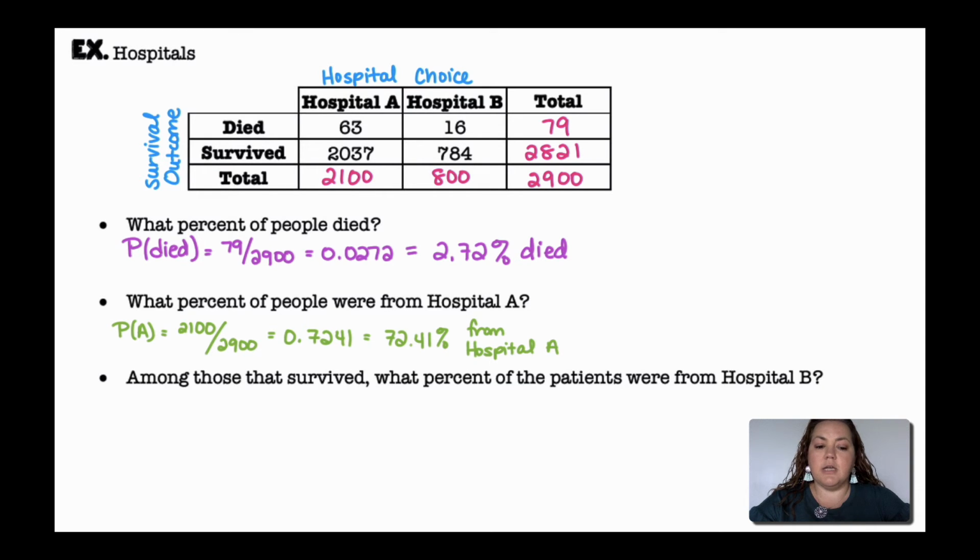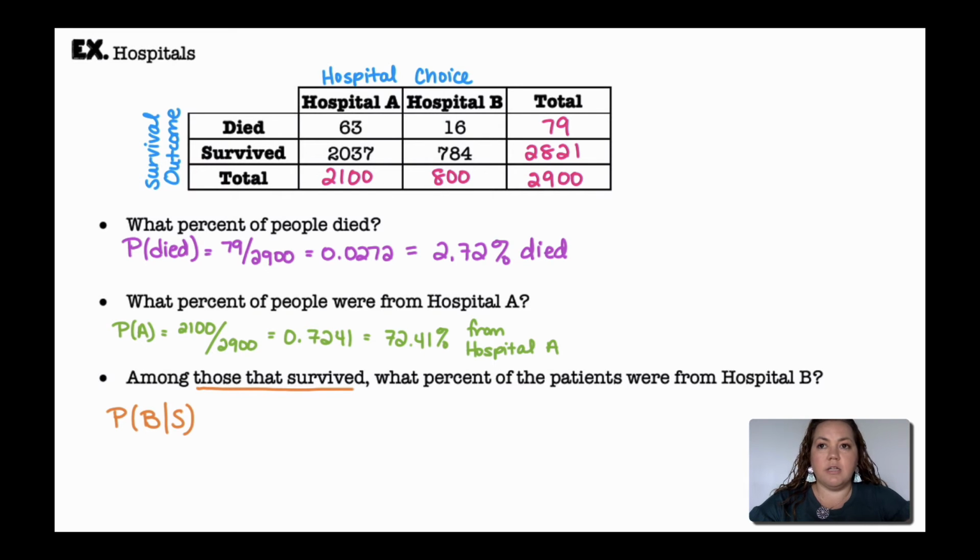The next one is a little bit different. Amongst those that survived, so that means out of the ones that survived, what percent of patients were from hospital B? So the notation here is going to be the probability that they're from B, given, this vertical line here, is given they survived.